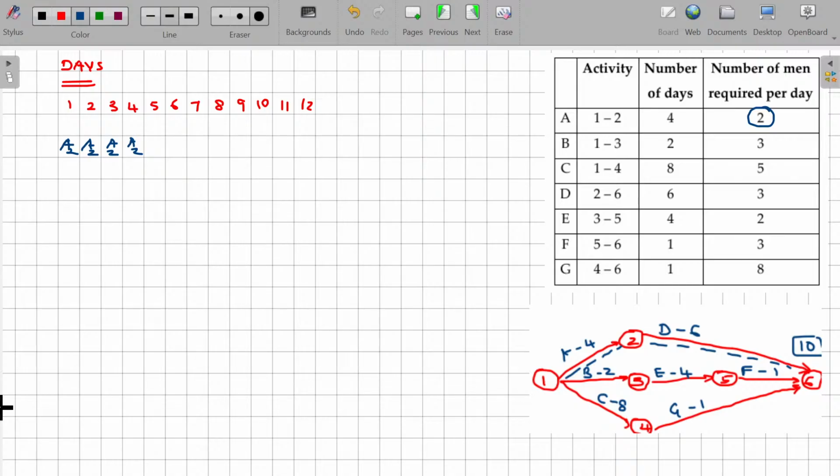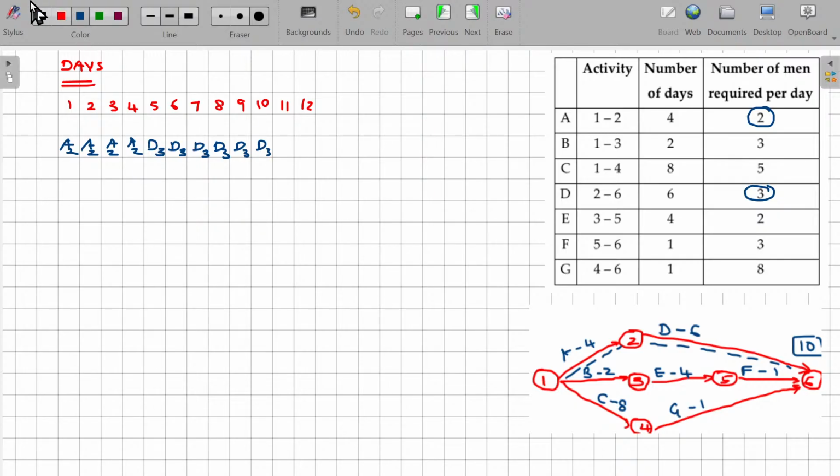So if I perform activity A, I deploy 2 employees for the first 4 days to finish it. Thereafter, I start D. For D, how many days? 6 days. In these 6 days, I depend on 3 employees.